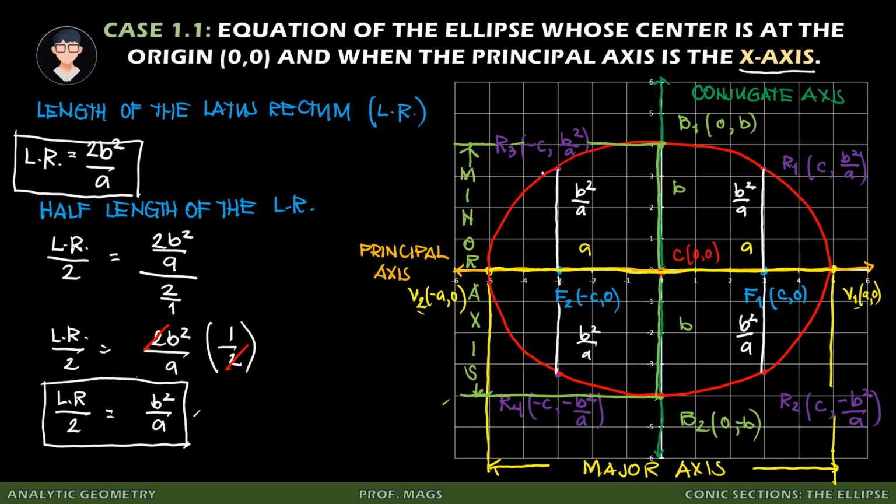And if you're going to get the full length of the latus rectum, that is equivalent to 2B square all over A. So ano bang sum ng B square all over A plus B square all over A? Di ba 2B square all over A yan?